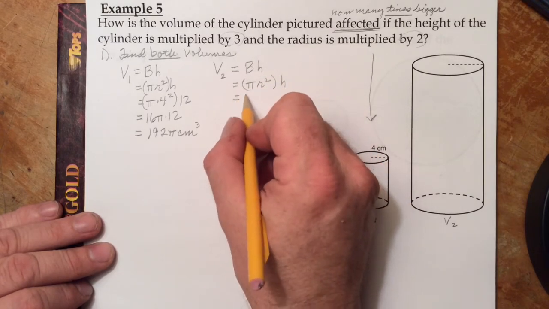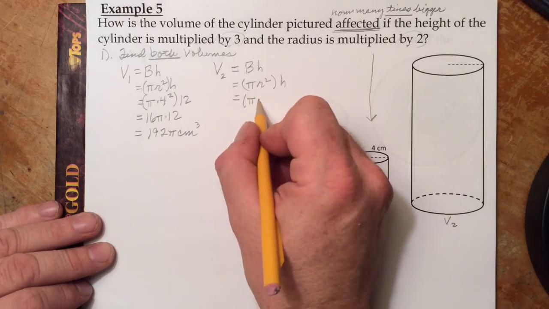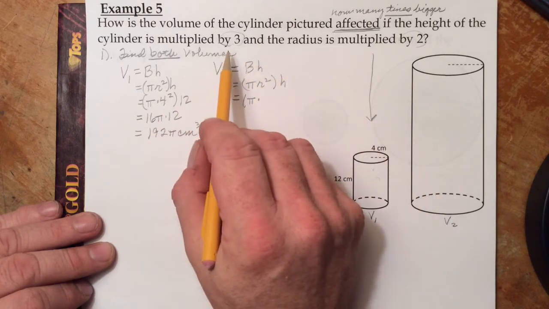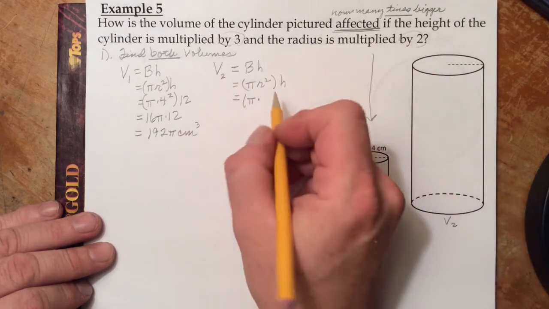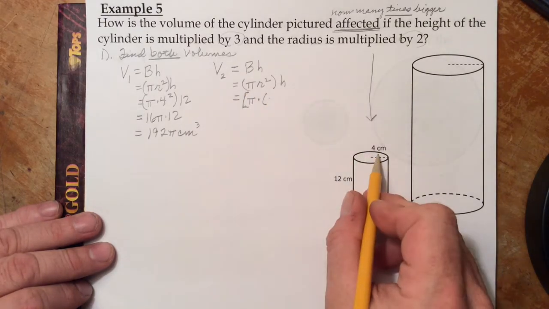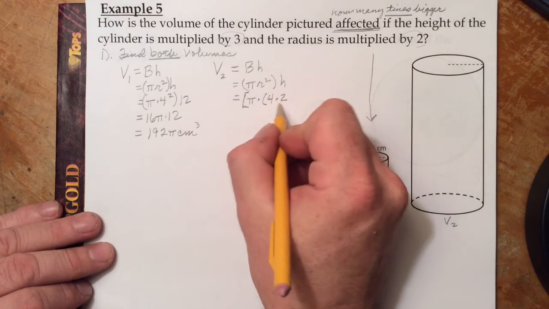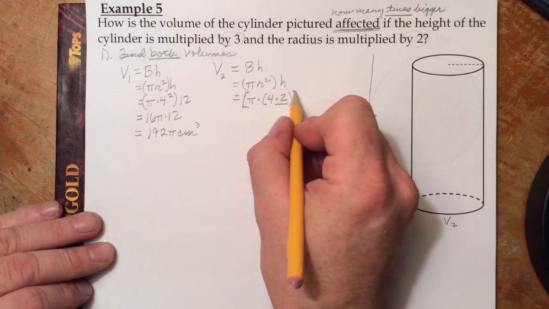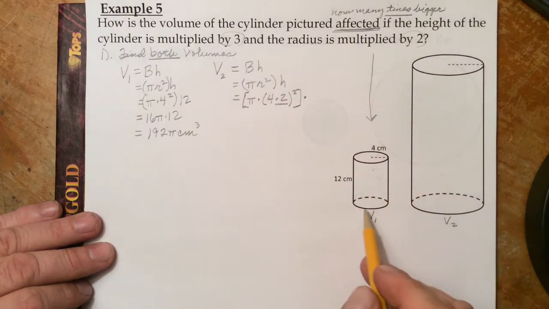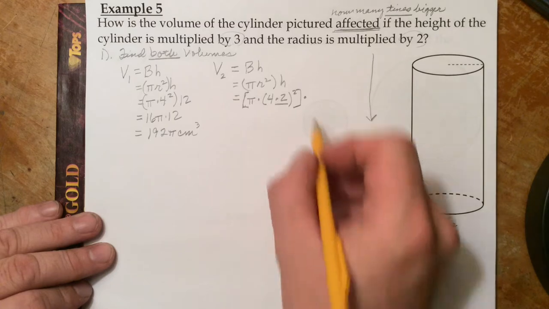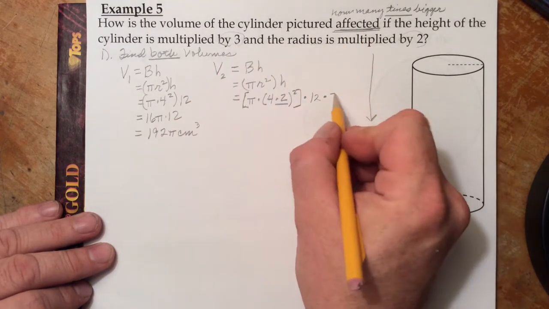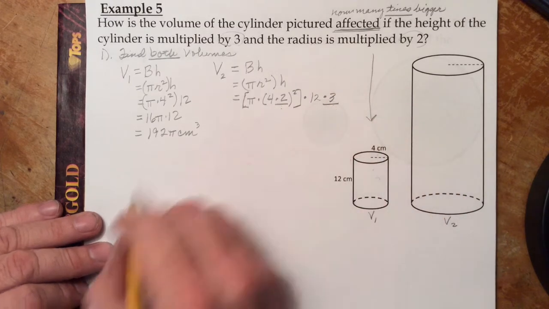Our radius, instead of just 4, since we multiply it by 2, is our original 4 times 2, squared. Times the height. Our new height is our old height, 12, times 3. So there are the two changes.